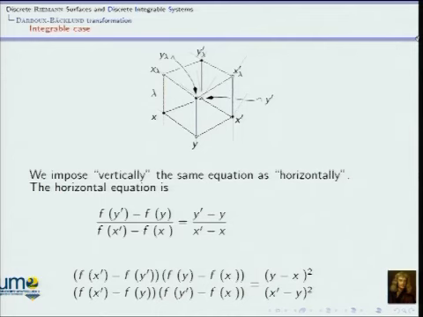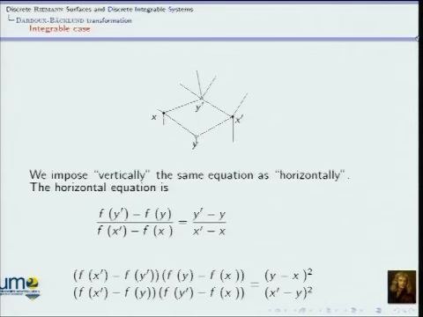Please be careful that the ratio of diagonals here can be expressed by the sum here divided by the sum here.